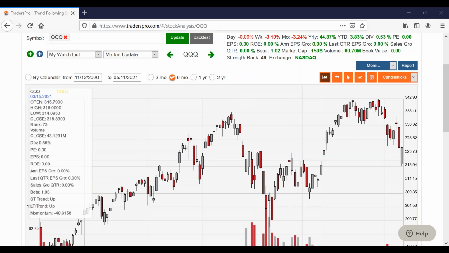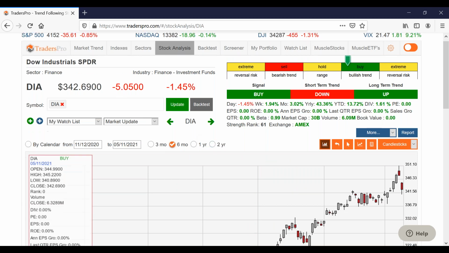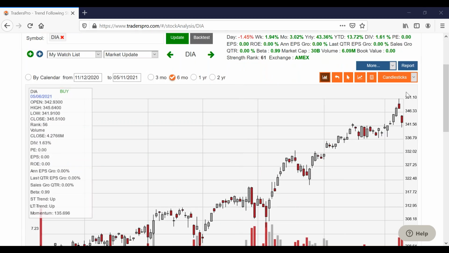But let me go to the Dow chart here. So again, this one's been outperforming. And today's sell-off is, I actually bought puts on the DIA yesterday because it was signaling a potential pullback.